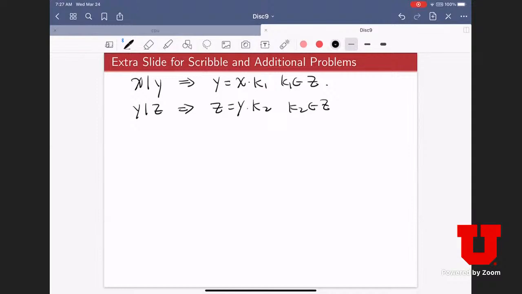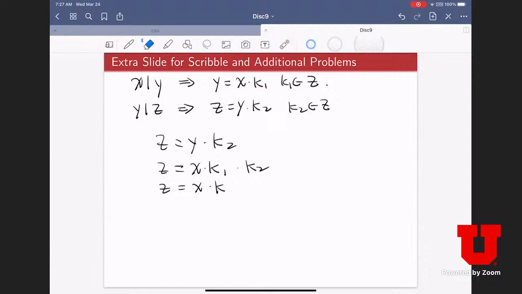Okay, and then if we just replace, we have that z equals y times k2, and if you replace y with x times k1, times k2, and by closure, this is just k, where we have k equals k1 times k2.